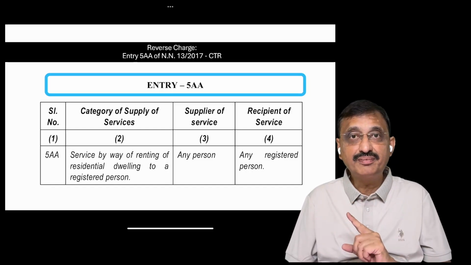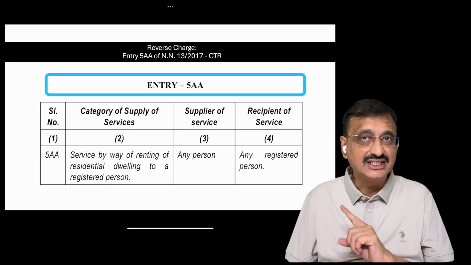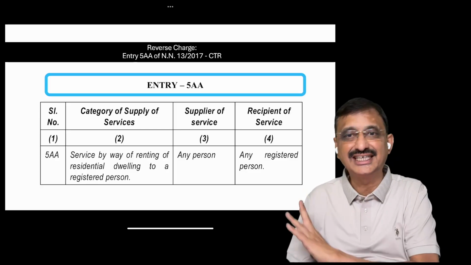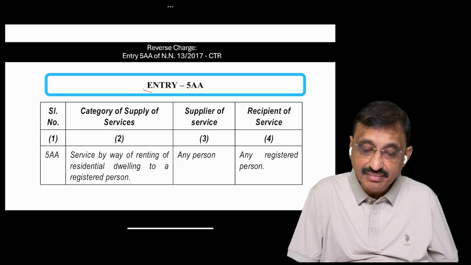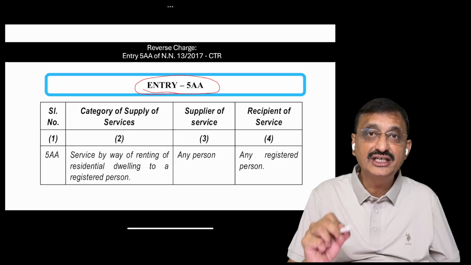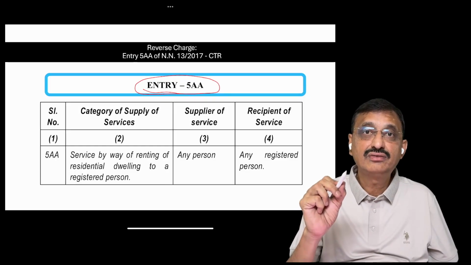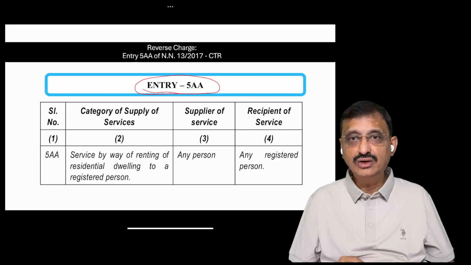GST is required to be paid, but the GST is not on forward charge. The GST is on reverse charge. Why? Because of entry number 5AA of the reverse charge notification, notification number 13 of 2017 central tax rate.